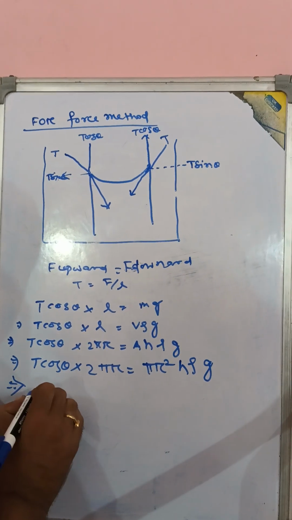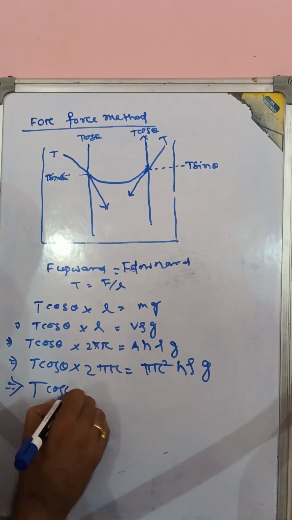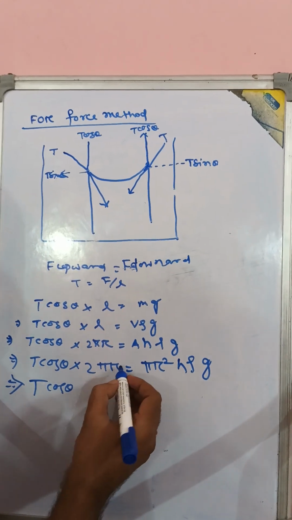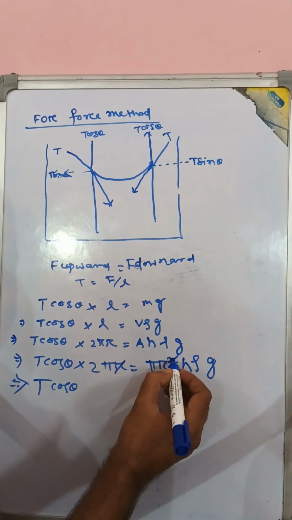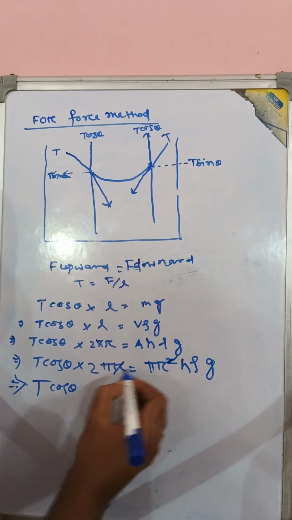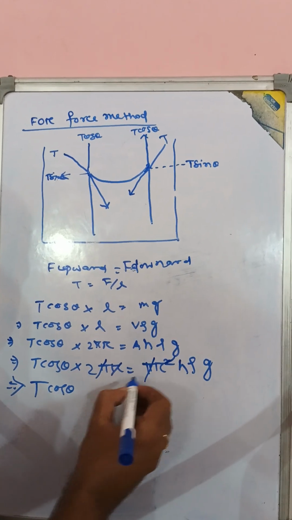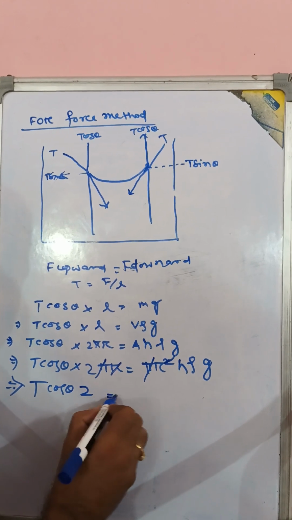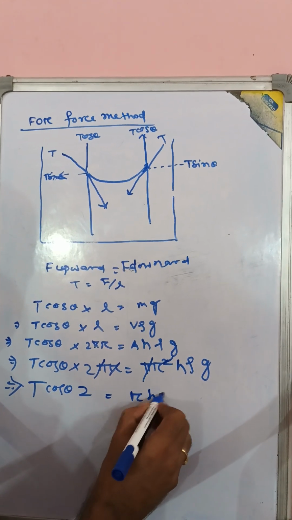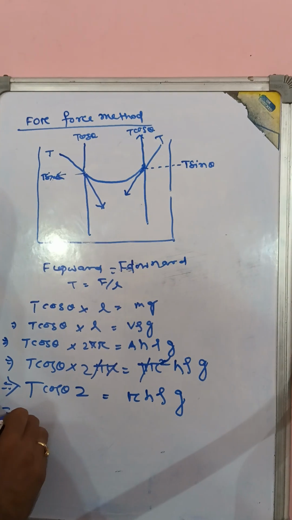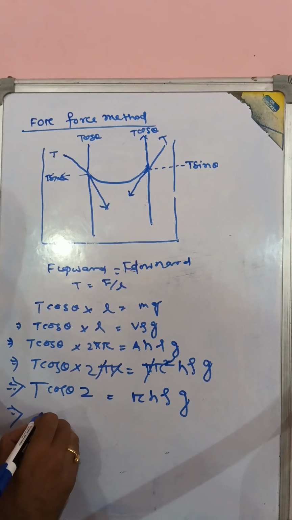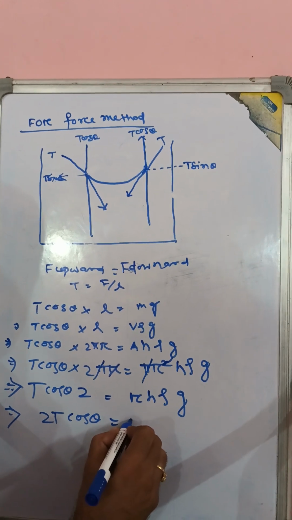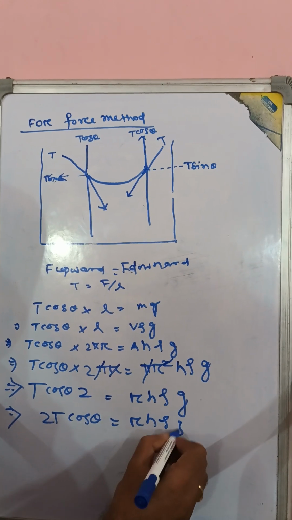This implies that T cos theta, r will be cancelled, pi will be cancelled. 2T cos theta is equal to r h rho g.